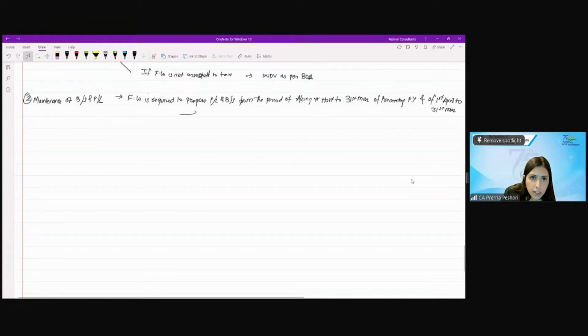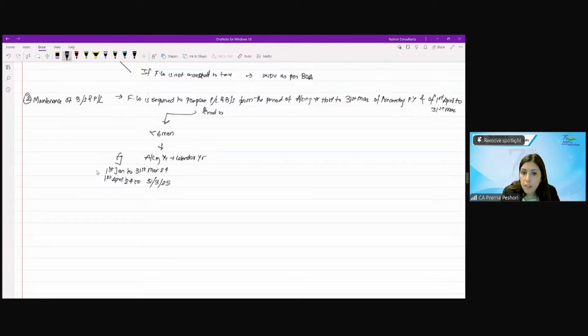Now, if the period is less than 6 months, then what you need to do is, for example, the accounting year is calendar year. Right? This is an example. Let's say you have 1st Jan to 31st March 24, and then you have 1st April 24 to 31st March 25.